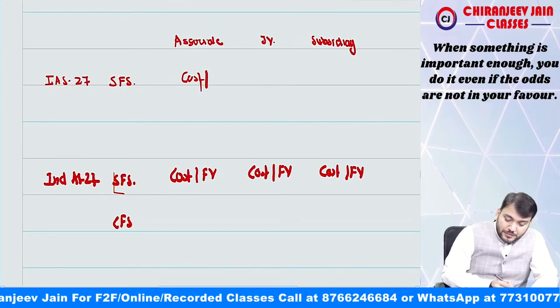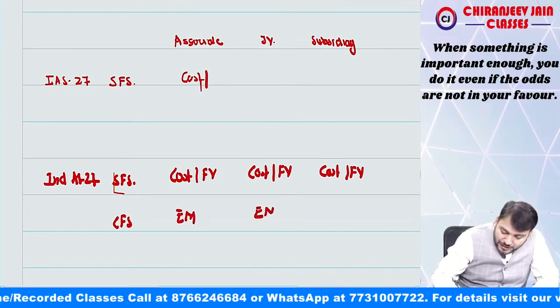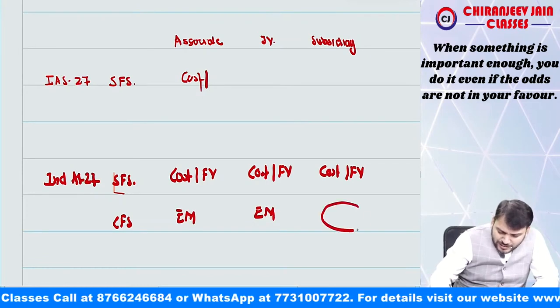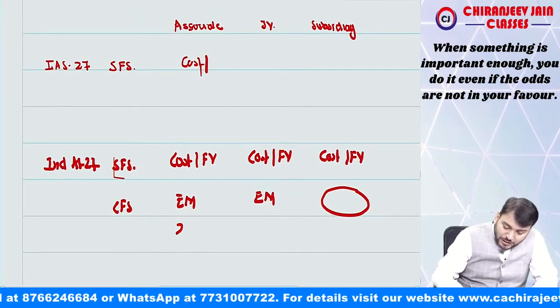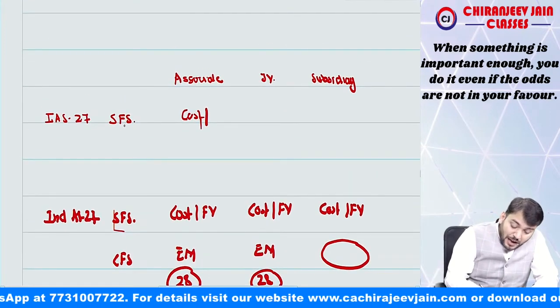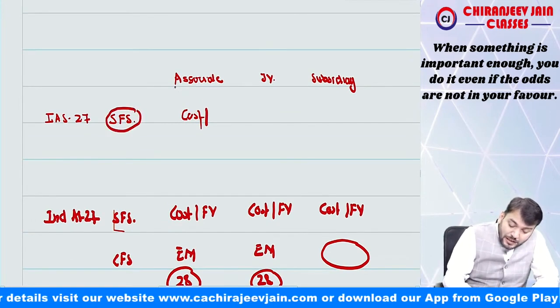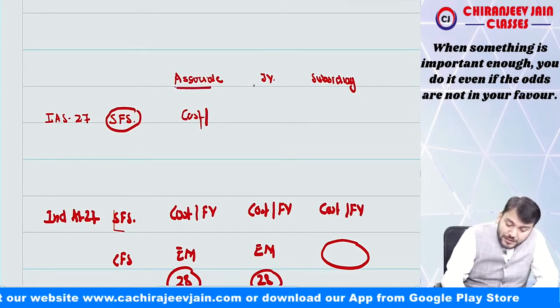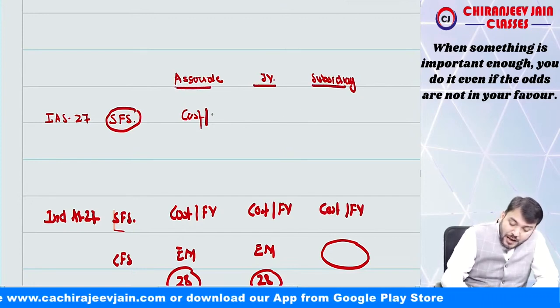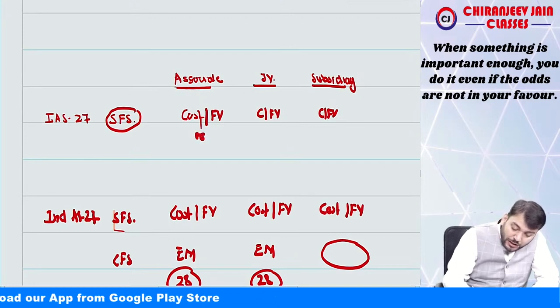And when you are preparing CFS, correct, then we use equity method. This is also equity method. This is what we do in consolidation, means investment will not come. This equity method is as per Ind AS 28. But under IAS 27, they have given an option that in SFS you can measure investment in associate, joint venture, subsidiary either by using cost method or fair value method, or equity method can also be used.